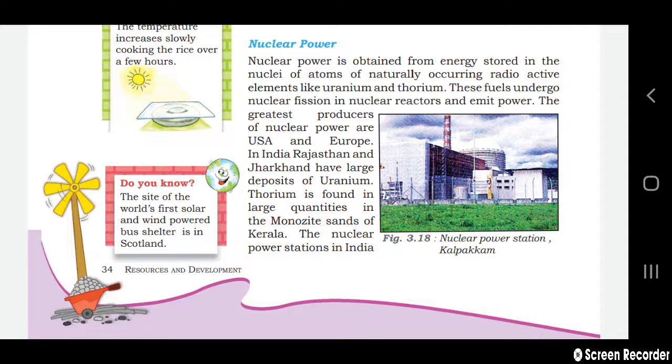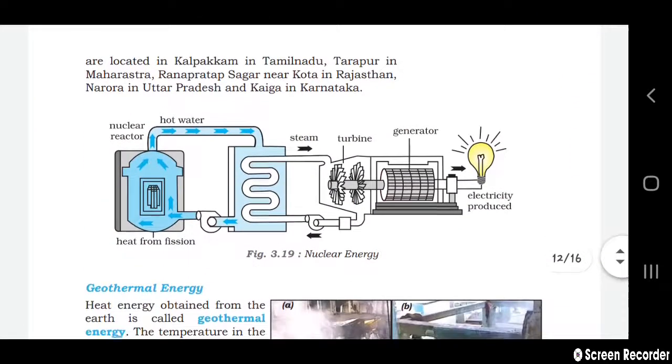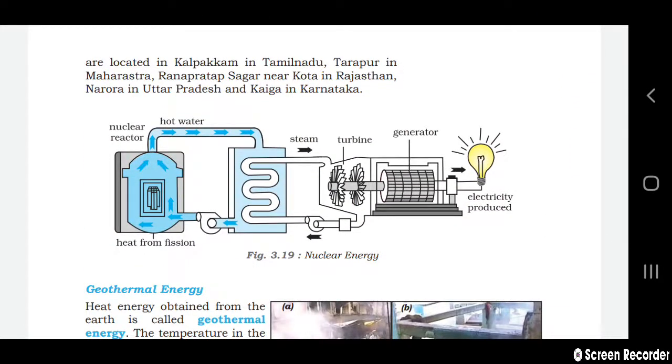The nuclear power stations in India are located at Kalpakkam in Tamil Nadu, Tarapur in Maharashtra, Rana Pratap Sagar near Kota in Rajasthan, Narora in Uttar Pradesh, and Kaiga in Karnataka.